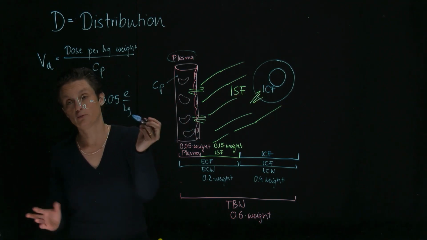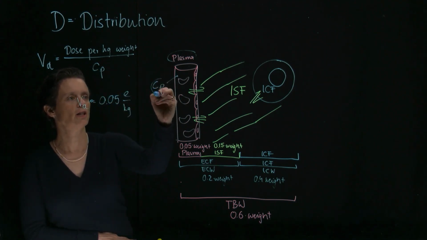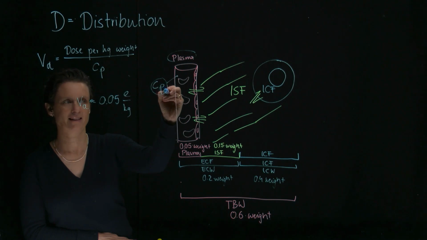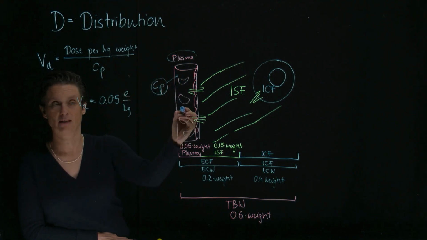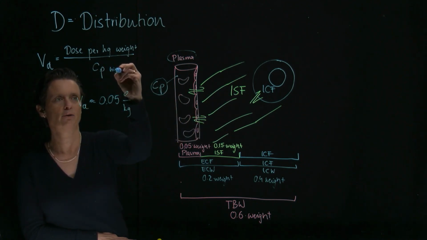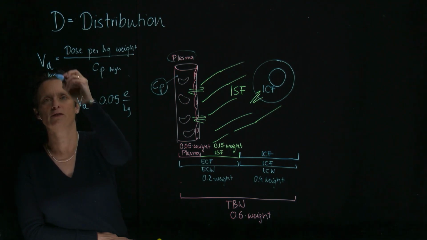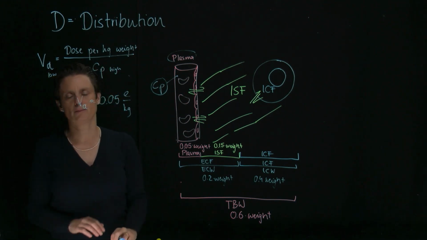So the volume of distribution is very small, which makes sense because you measure the concentration of the drug in plasma. So that's going to be very high if it just got into the plasma and didn't go further. Then this is a very high number, which means the volume of distribution is going to be low because you have a high number in the denominator.